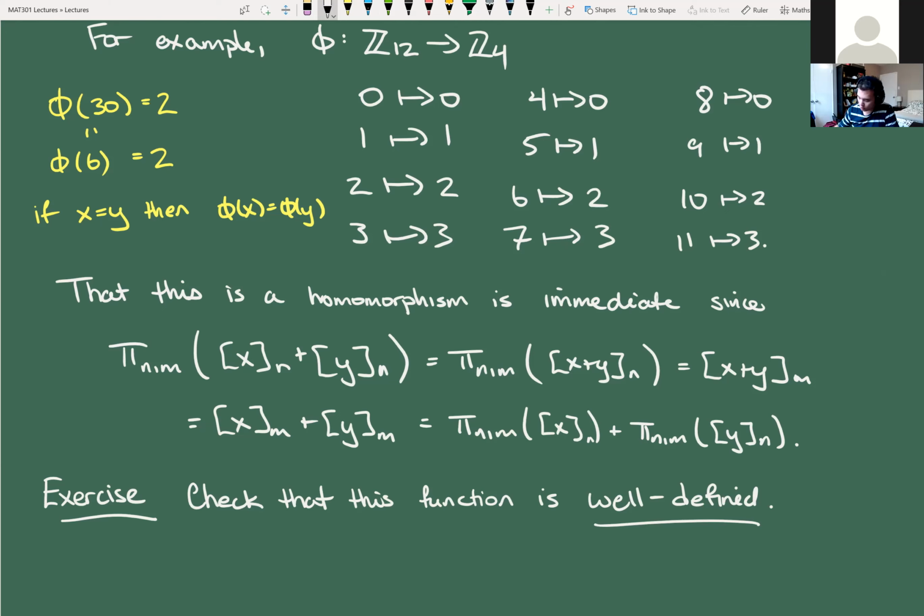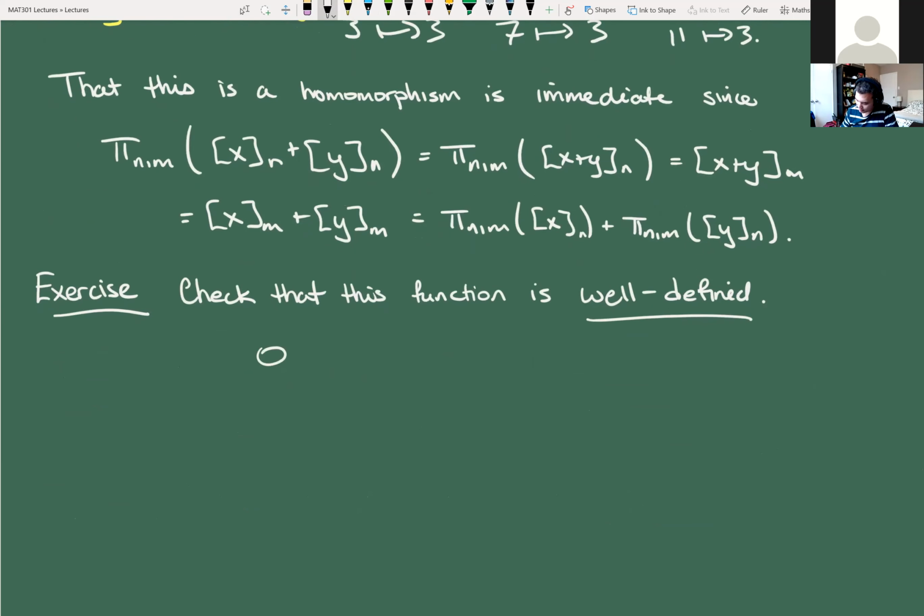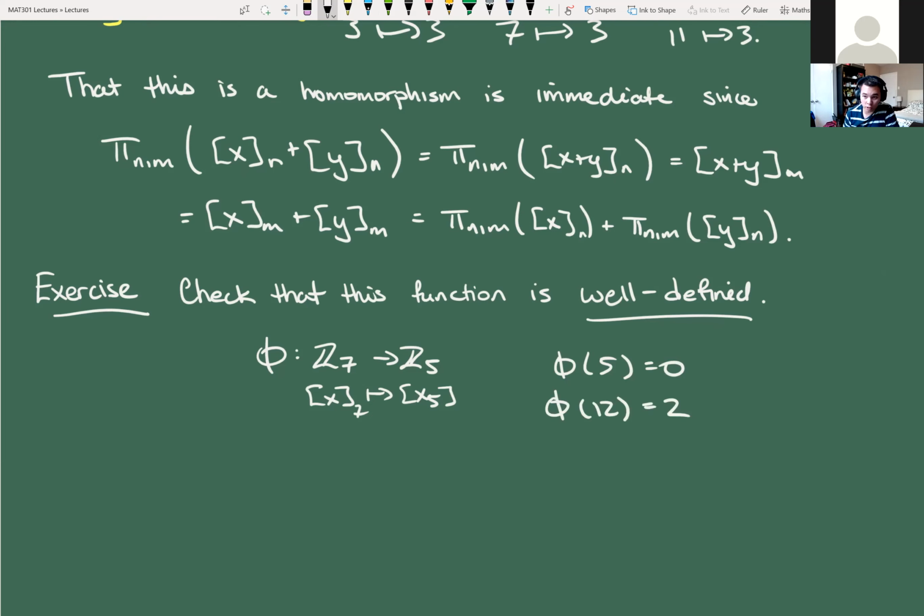Let's see what could go wrong. What if I tried to define this to Z5, and we did it exactly the same way? Well, in this case, we would get that phi of 5 is equal to 0, and phi of 12 is equal to 2.